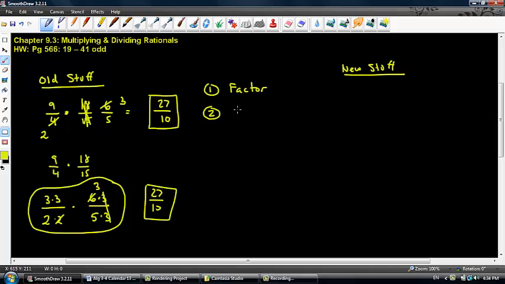The next thing you did was cancel: the 3's canceled out, the 6 and the 2. And then the last thing you did was multiply. Now, I want to go over the last two steps. Cancellation only happened diagonally or top to bottom. And then multiplication is straight across.